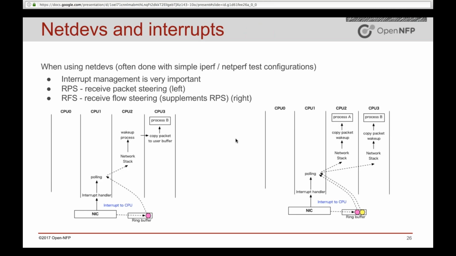Now, we're going to touch upon another point here, and this relates to both interrupts and to iPerf testing, and illustrates why using something like iPerf is a little bit more complex than might be readily apparent. DPDK-based applications use a poll mode driver, so they're bypassing the operating system for a lot of the packet handling.